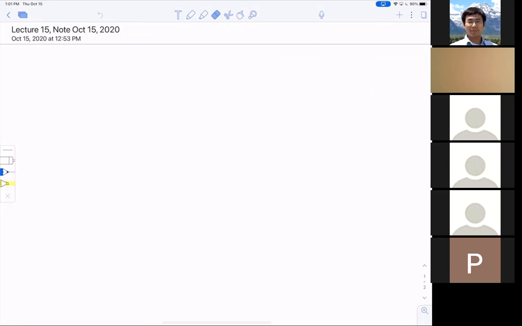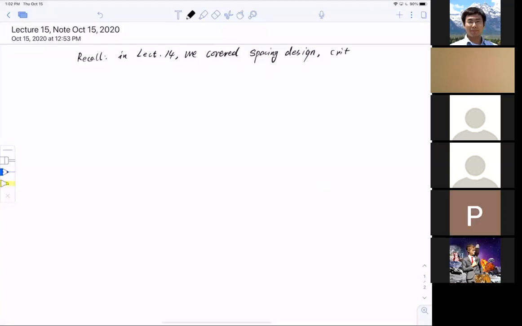So recall, in lecture 14, we covered spacing design for stirrups, and also covered the critical sections. So that's what we talked about before.